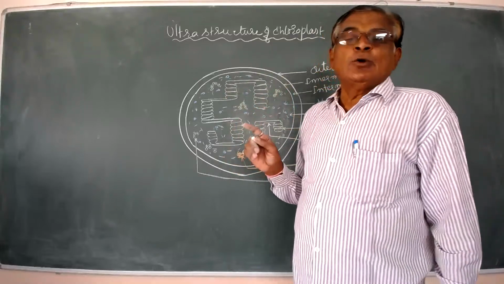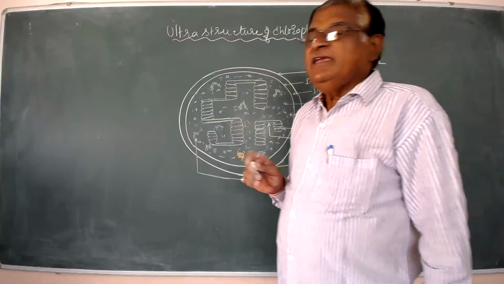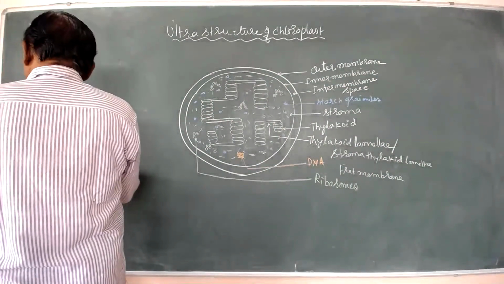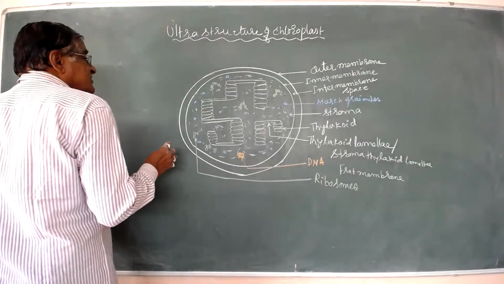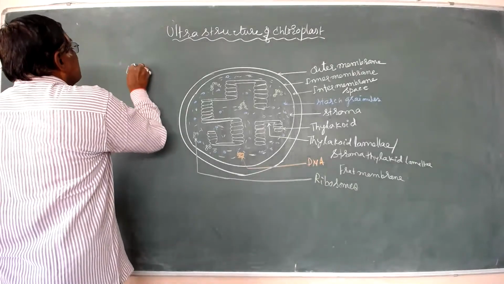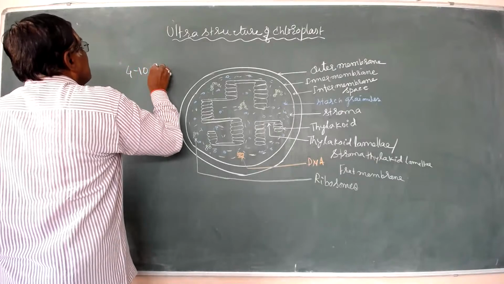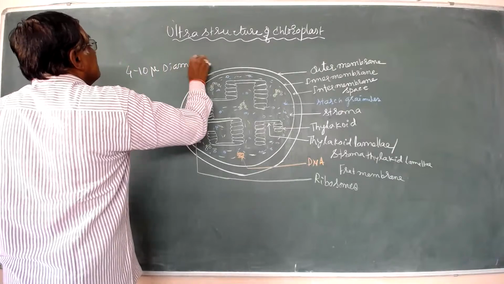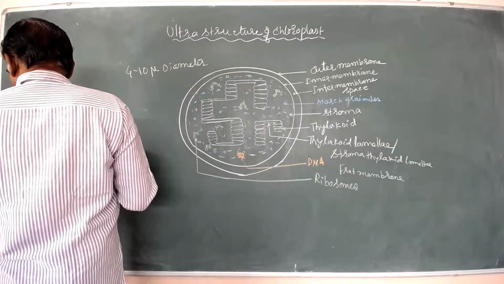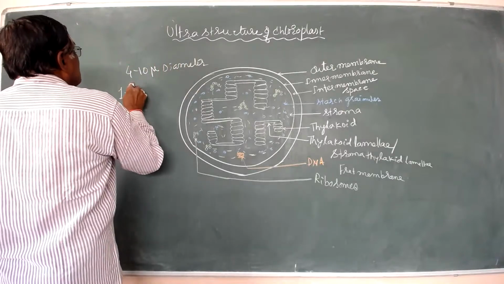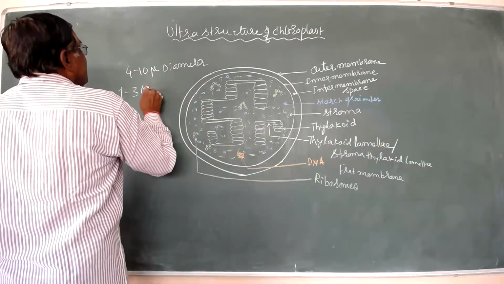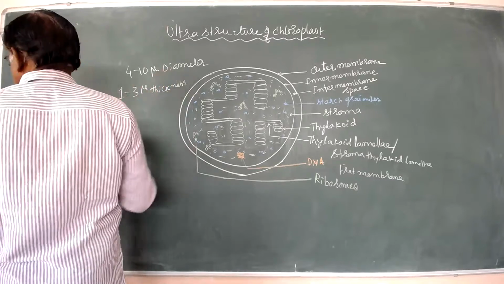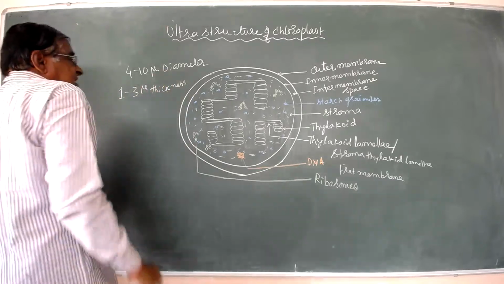Especially, the chloroplast will be about 4 to 10 millimicron in diameter, and 1 to 3 millimicron in thickness, in general.